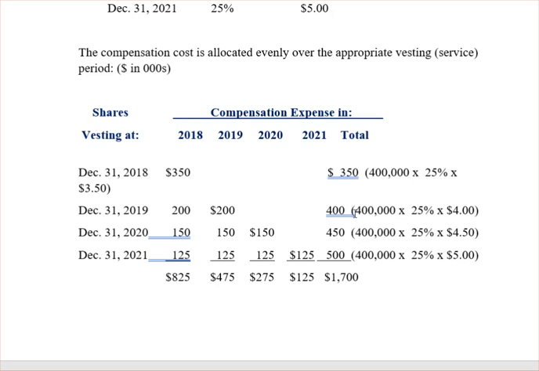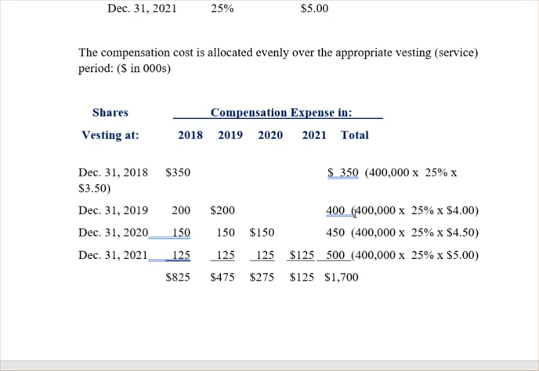So in December 31st, 2021, the total amount which you should have taken to expense, from January 1st, 2018 through December 31st, 2021, the total amount which needs to show up in your financials in your expense category needs to be 1.7.